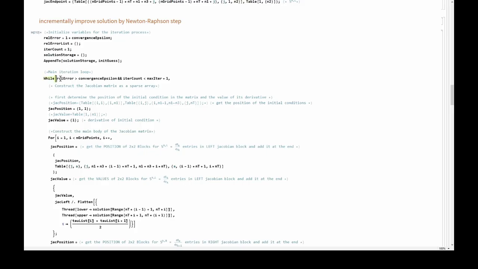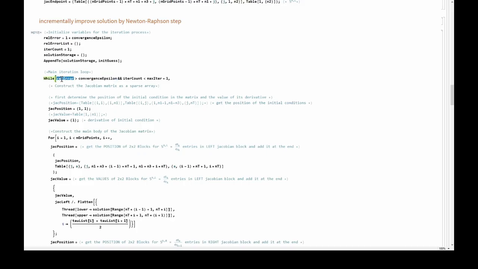Okay, and the loop starts here. As long as the relative error is larger than the convergence epsilon we decided beforehand, we keep going. We said, this is how small we want our relative error to be at most in order to consider it good enough, and the smaller we make this, the more restrictive we are.